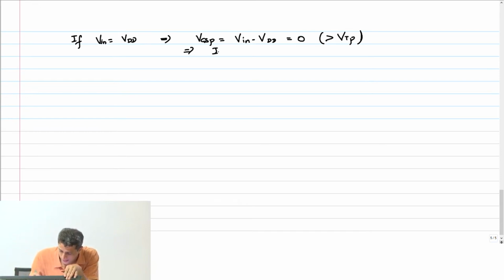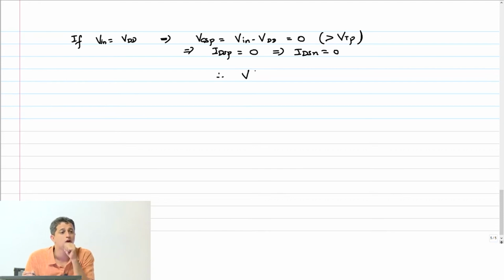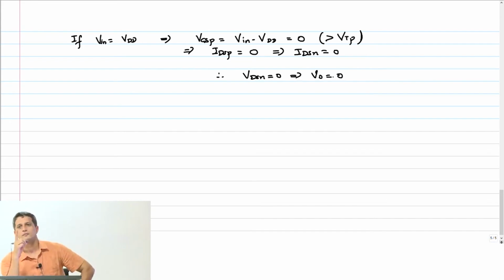Therefore IDSP should be equal to 0, which implies that IDSN also has to be 0, and therefore, what is the only way this can happen? The drain source voltage of the NMOS transistor should be 0. So therefore, VDSN equal to 0 implies V out equals 0. Any questions here?